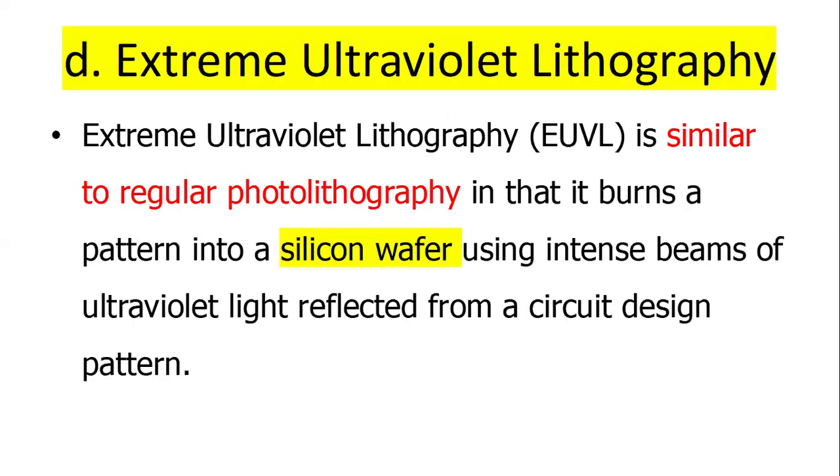Extreme ultraviolet lithography. Extreme ultraviolet lithography is similar to regular photolithography in that it burns a pattern into a silicon wafer using intense beams of ultraviolet light reflected from a circuit design pattern.